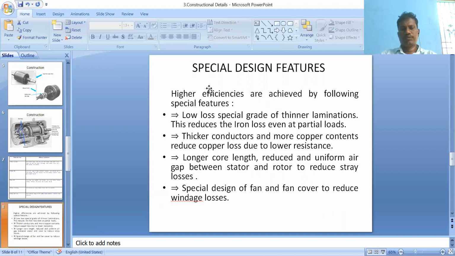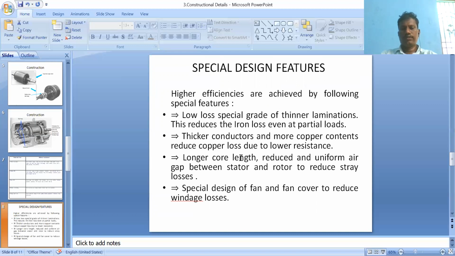We require special design features in high efficiency motors. High efficiency is achieved by the following features. First, low loss special grade of thinner laminations, which reduces the iron losses even at partial loads. Thicker conductors and more copper content reduce copper loss due to lower resistance.